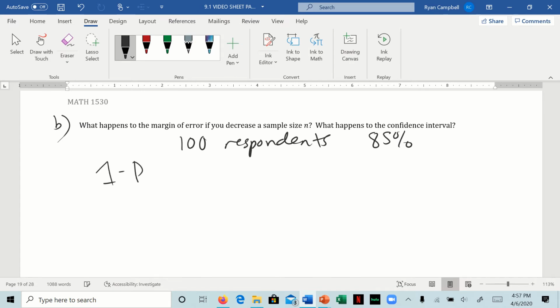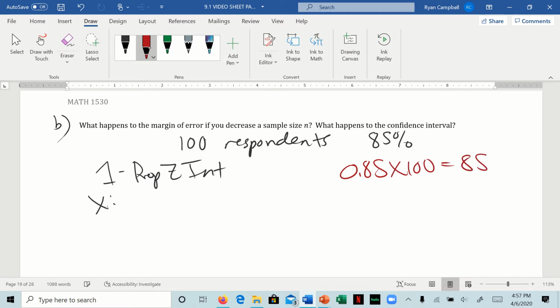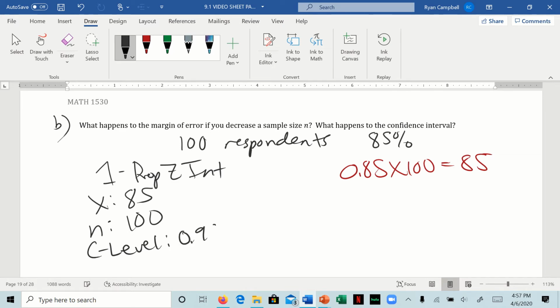We use 1-PropZInt. This time x can't be 800 because we only have 100 people, so we do 0.85 times 100, which is 85. So x is 85, n is 100, and we'll keep the same C level at the original 95%. We don't want to change too many things.